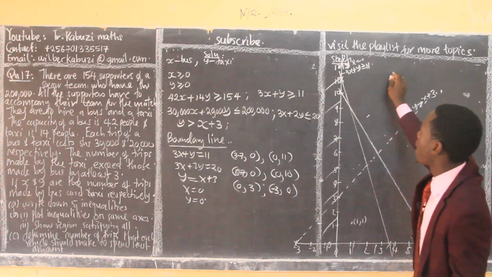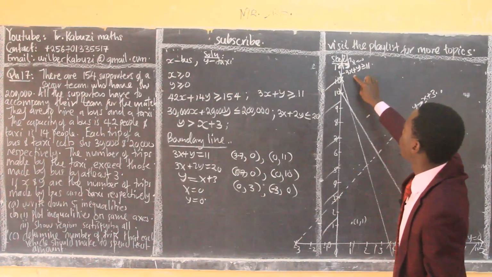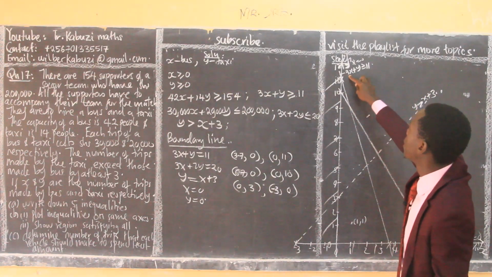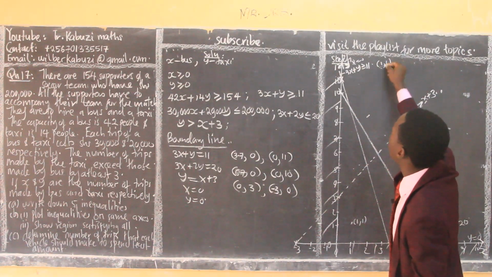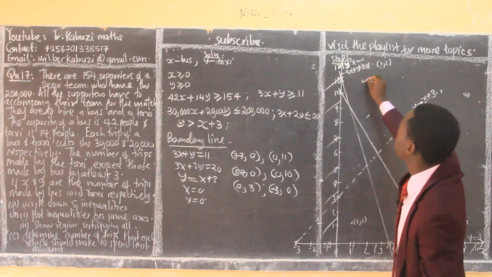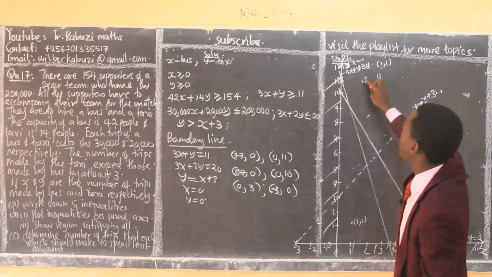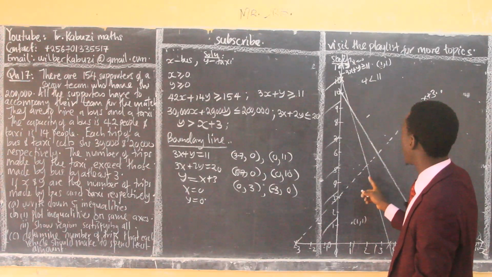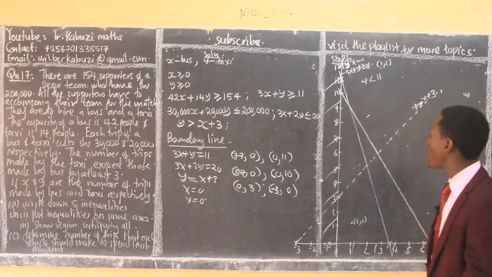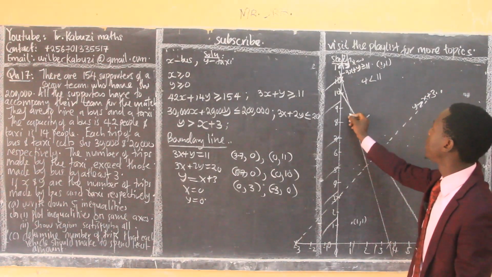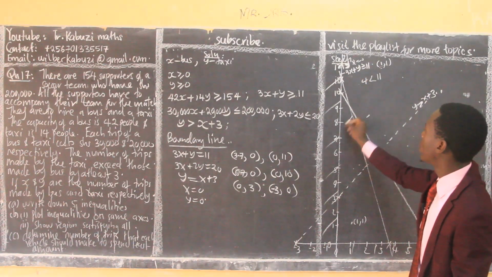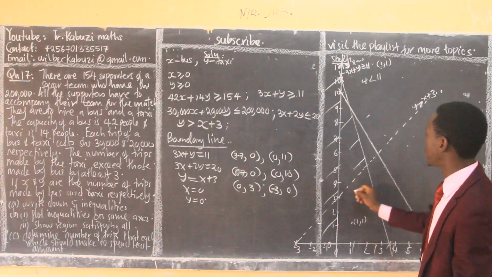For this one, when I put (1, 1), I have 1 times 3 plus 1, I get 4, then I have my 11. 4 is less, so where I have this point is unwanted for this line here. It's unwanted, because it's opposing the sign, so I shade there.